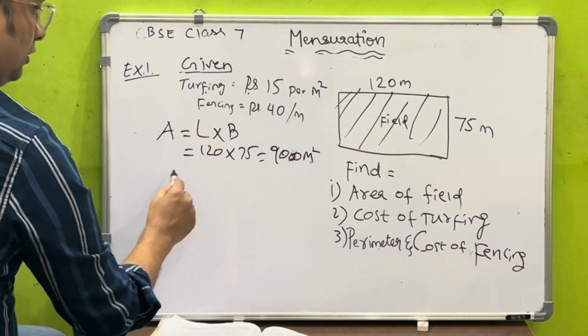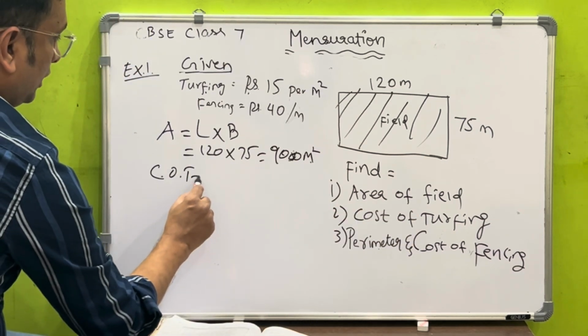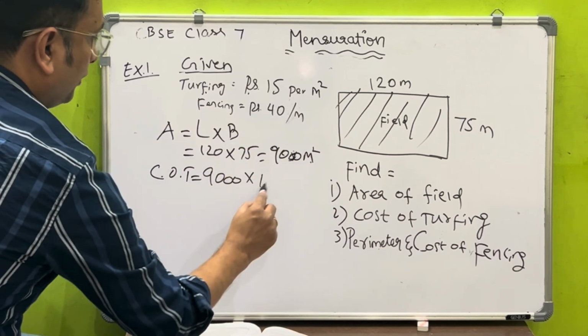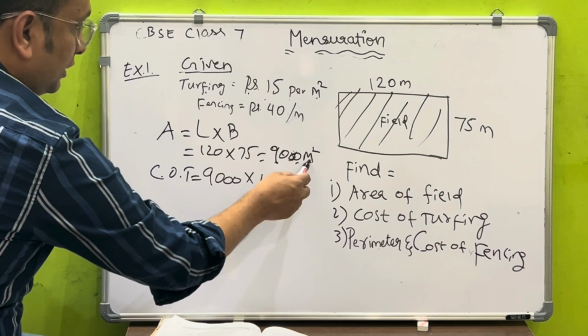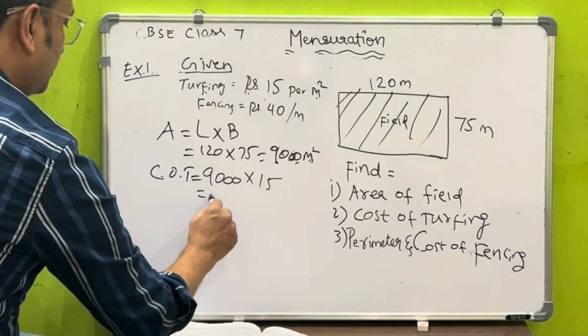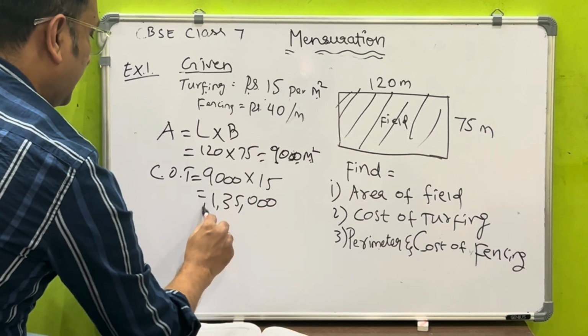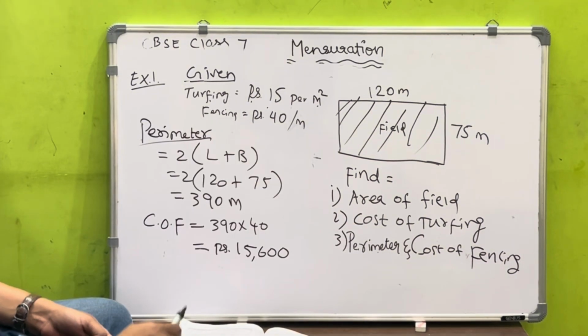Now the cost of turfing equals 9,000 into 15 rupees per meter square. 9,000 into 15 is 1,35,000 rupees. This is the cost of turfing. Next, perimeter.